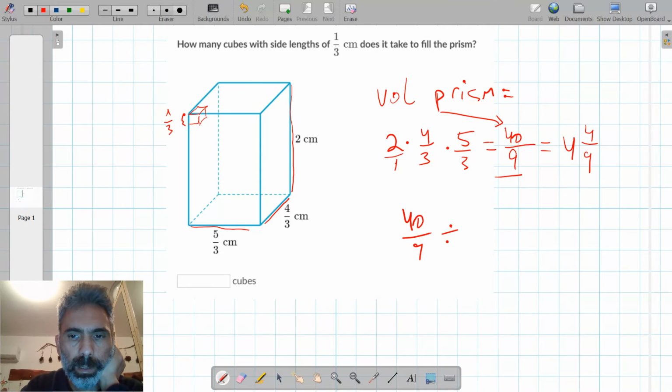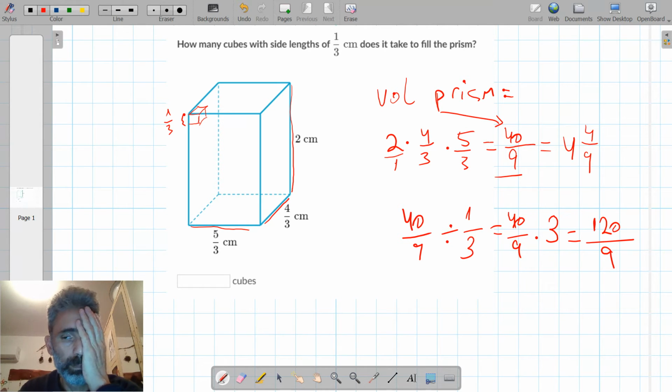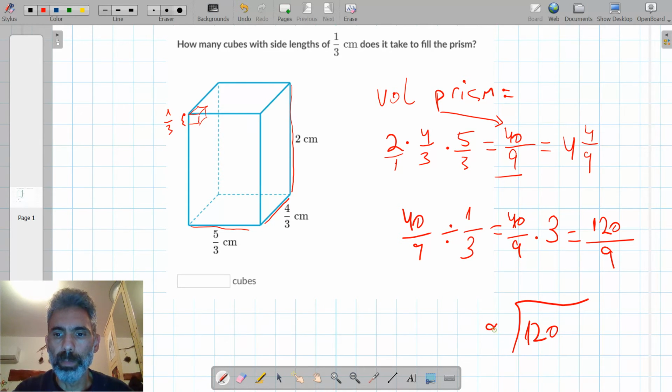40/9 divided by 1/3, which is the same thing as multiplying 40/9 times 3, which is 40 times 3 is 120 divided by 9. 120 divided by 9. 9 goes into 12 once. 1 times 9 is 9. 12 minus 9 is 3.